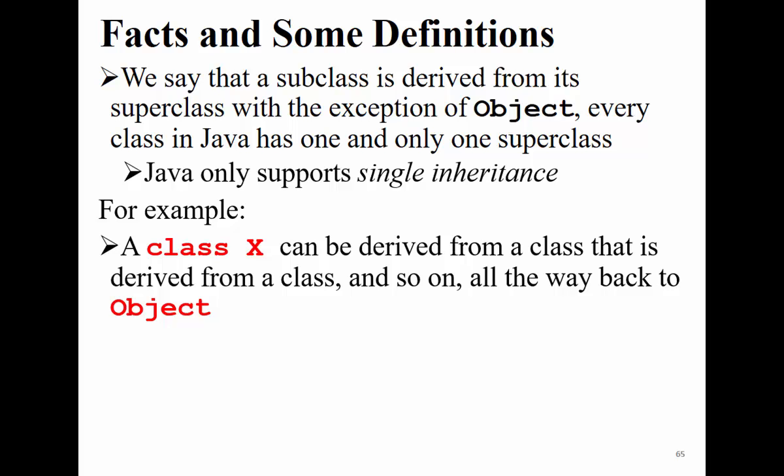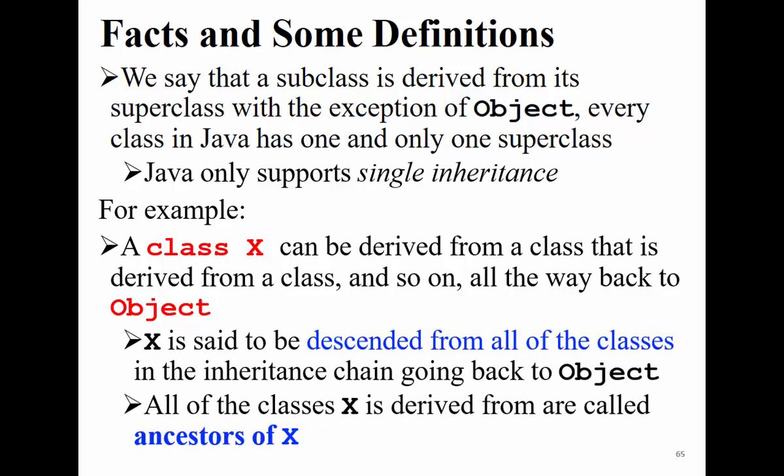It's like a chain. You cannot have class X extend class Y and Z. No way. You can have class X extend Y. You can have class Y extend Z. You have a chain of extending. But you cannot have class Y extend Z and W. You cannot have two base classes or two parents inside the class hierarchy.